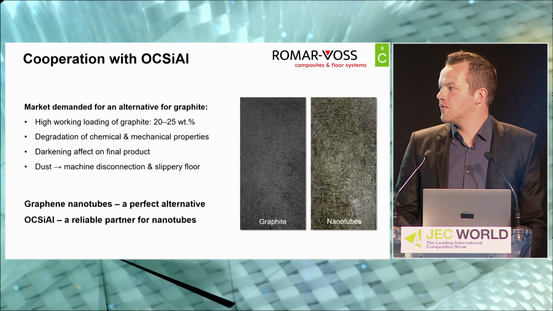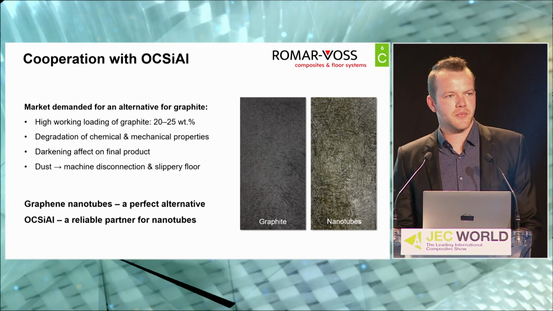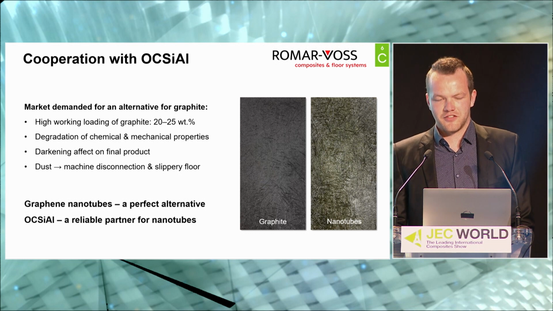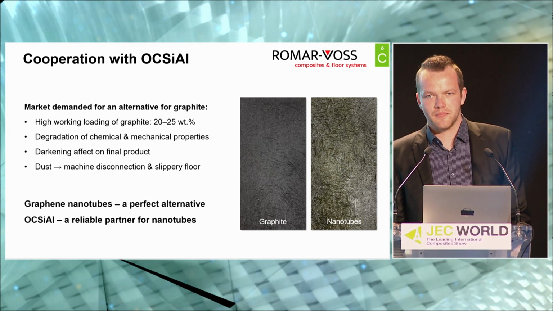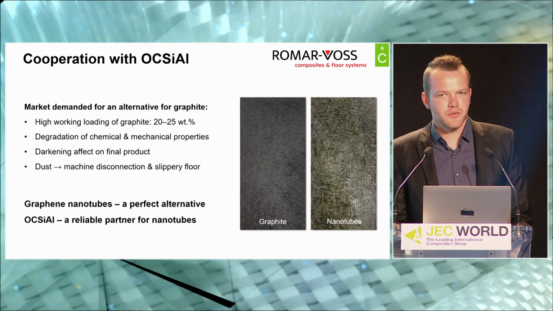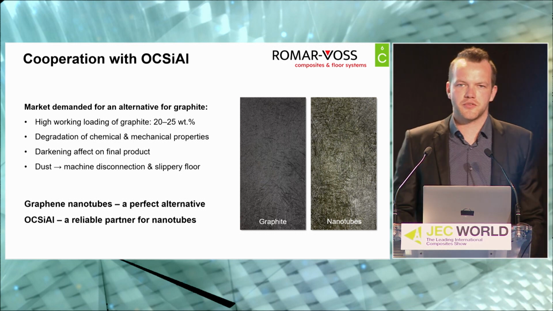So why are we choosing the nanotubes in our conductive products? First of all, as we may all know, graphite has some negative effects on the chemical and mechanical properties of the final product. This is due to the high working load of graphite, approximately 20 to 25%.